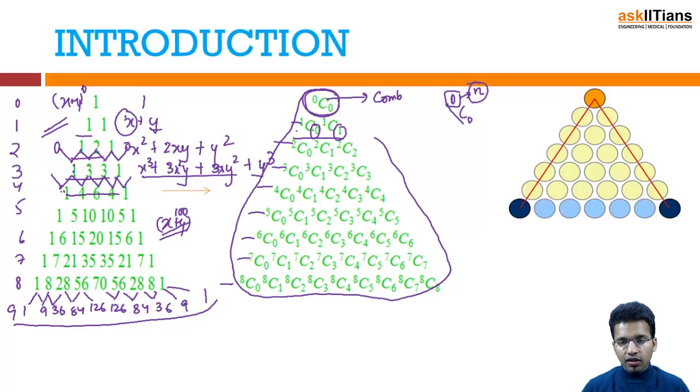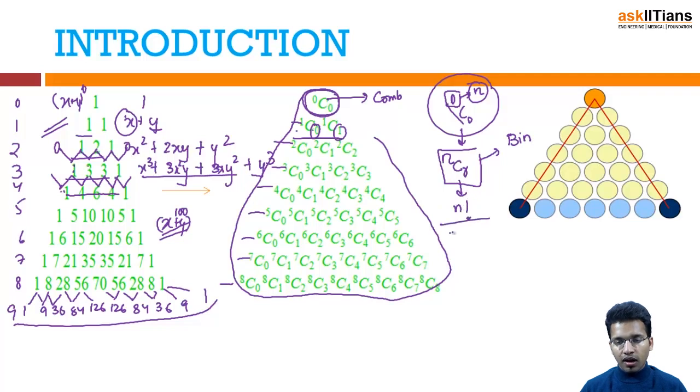This C notation, some of you might be familiar with. This is basically the binomial coefficient, and it is nothing but n factorial over r factorial times n minus r factorial. Here r represents the position starting from 0.